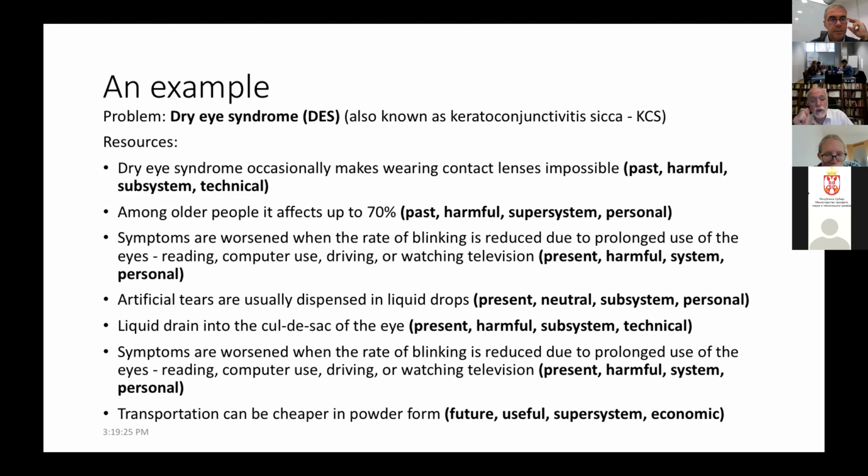Symptoms are worsened when the rate of blinking is reduced due to prolonged use of the eyes. And who gets the dry eye symptoms? The people in front of the monitor. And my job is to sit in front of a computer the whole day. So I have problems with my spine, I have problems with my eyes. So it is present, harmful, systemic, and personal.